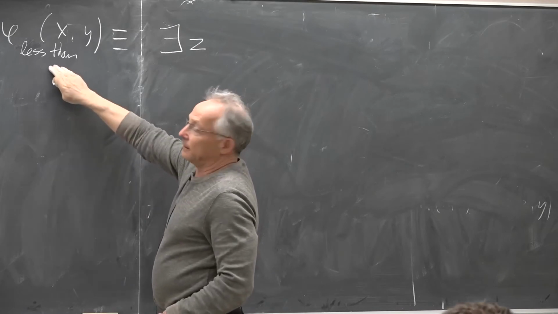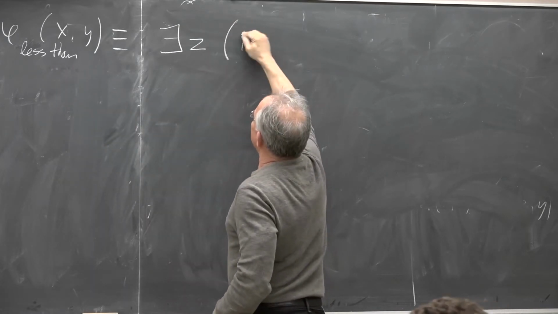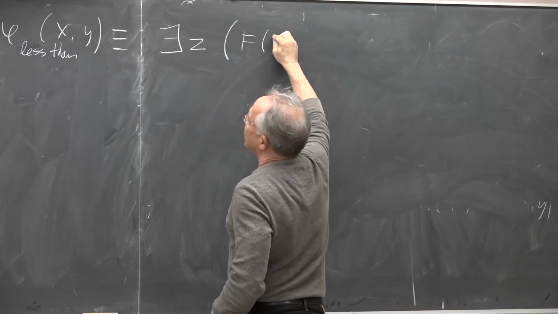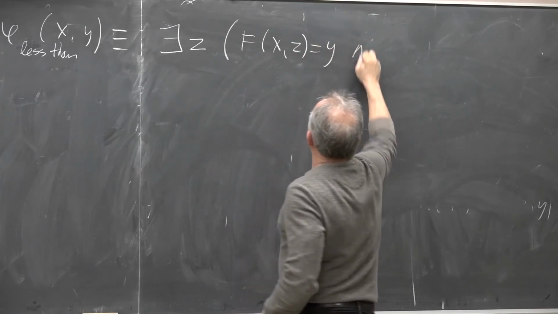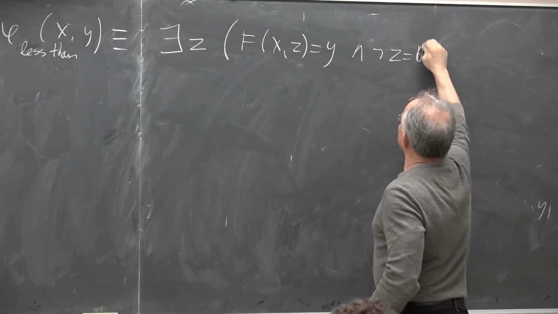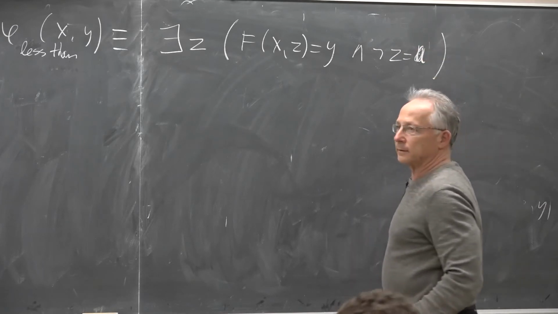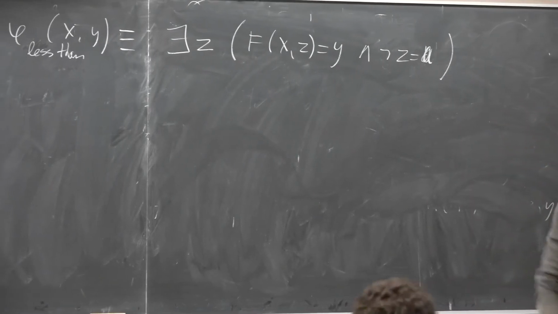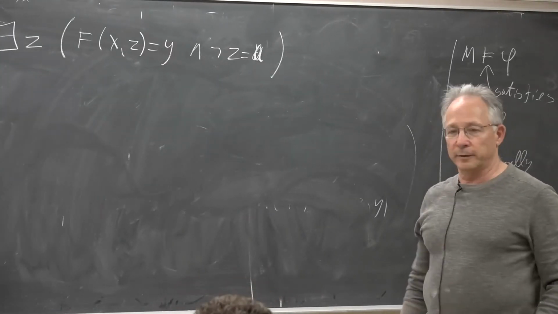If I want less than and not less than or equal, there exists some z such that f(x, z) equals y, and it's not the case that z equals a. A was my 0. So I can express addition in terms of the ordering.